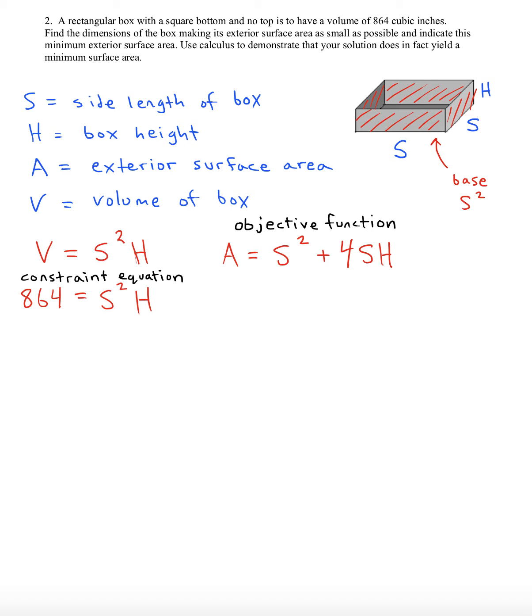Now, as is common with these, right now we have our objective function. It's a function of 2 variables, but we want to get it down to just one variable. So that's where we're going to use the constraint equation. Let's just solve it for one of the variables.